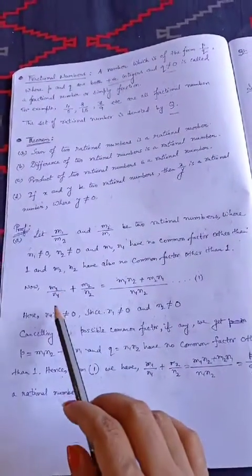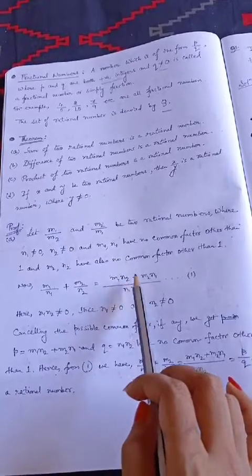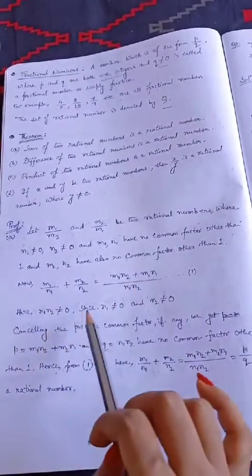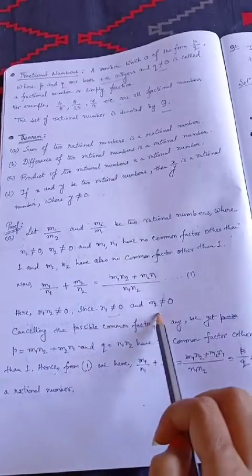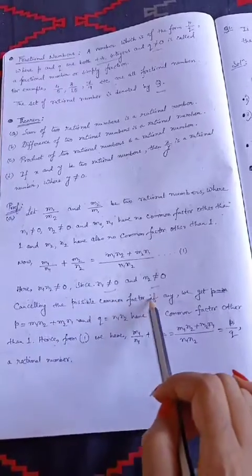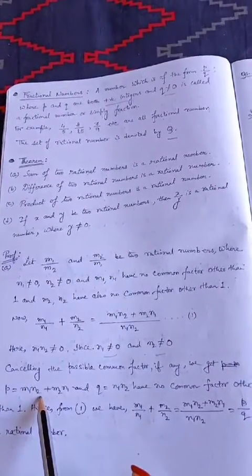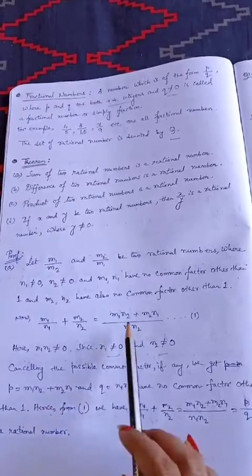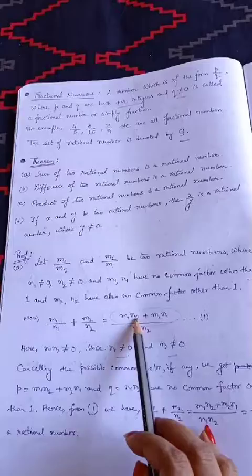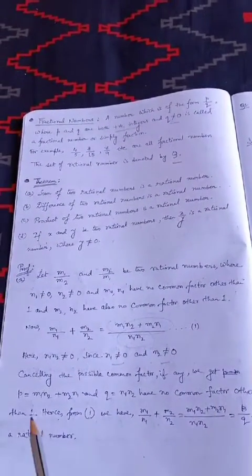Now the sum of m1 by n1 and m2 by n2 is (m1 n2 plus m2 n1) by n1 n2. Now n1 n2 is not equal to 0 since n1 and n2 are not equal to 0. So cancelling the possible common factor, if any, we get that p equals m1 n2 plus m2 n1 and q equals n1 n2, which have no common factor other than 1.